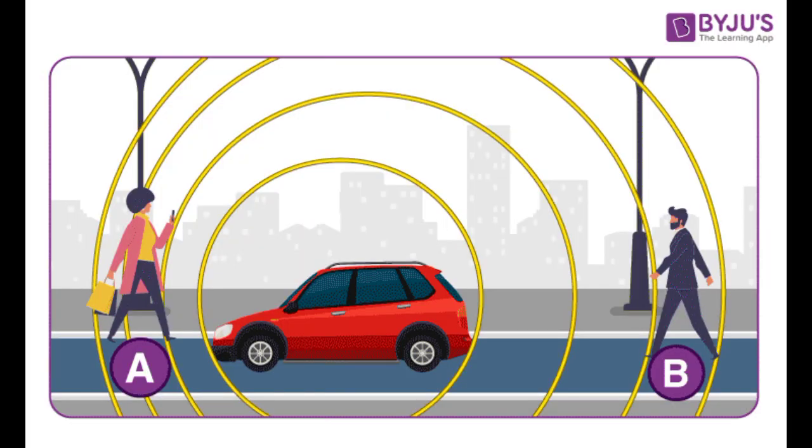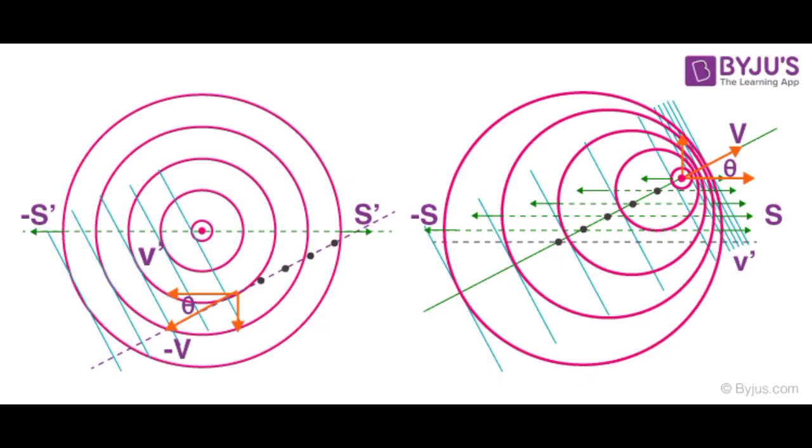Waves emitted by a source traveling towards an observer get compressed, while in contrast, waves emitted by a source traveling away from an observer get stretched out. Here is a demonstration of the Doppler effect, from both observer A and observer B. And the next example is this one.